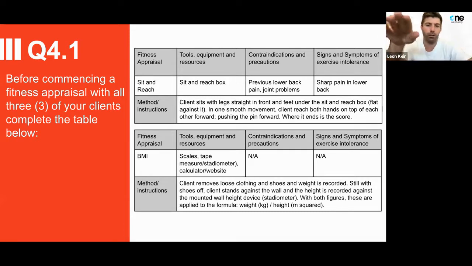They've got a little box in front of them with an indicator on top, and they get 3 attempts to push that indicator as far past their toes as they can, if they can get that far. If not, just as far as they can.